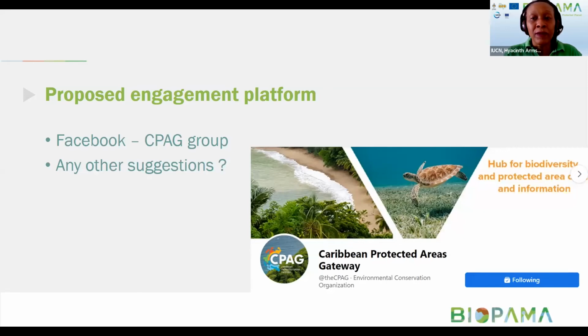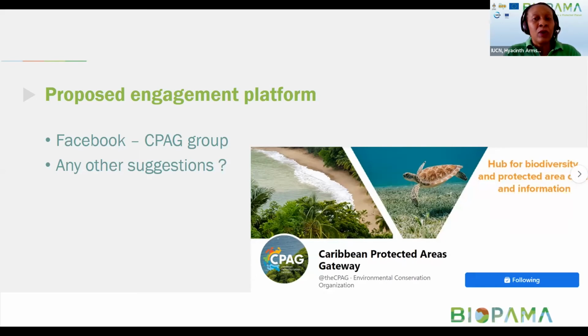So we proposed Facebook as the mechanism for supporting the network, recognizing that it's hopefully a relatively widely used network. In this case, it's a social network. So it should be able to facilitate the level of engagement that we are looking for.